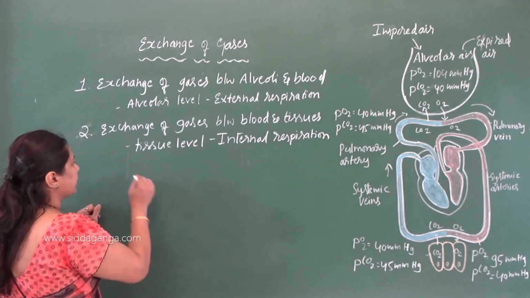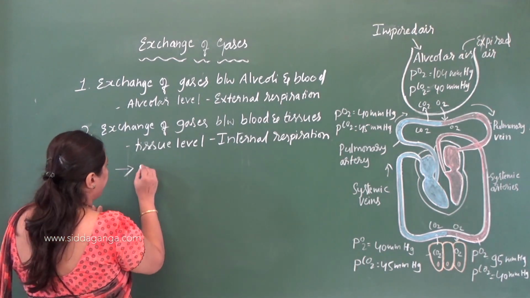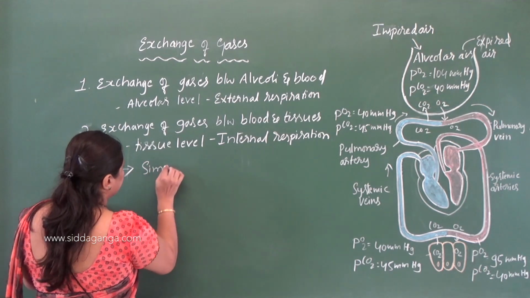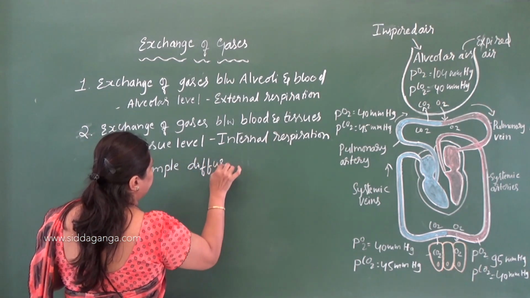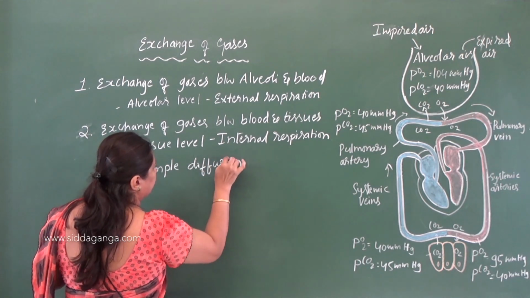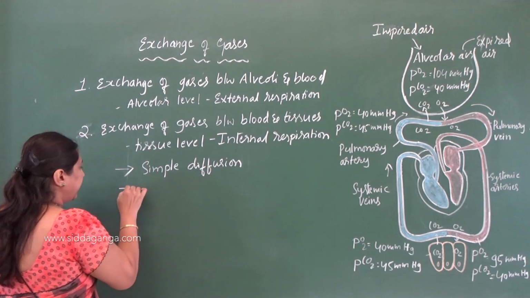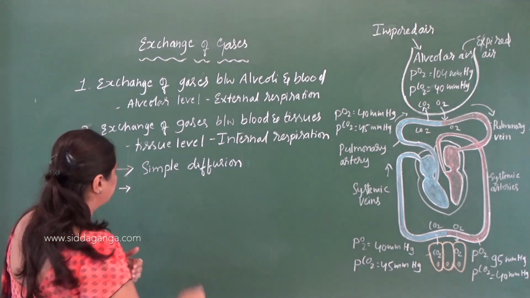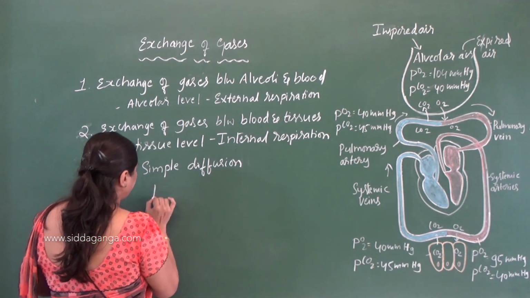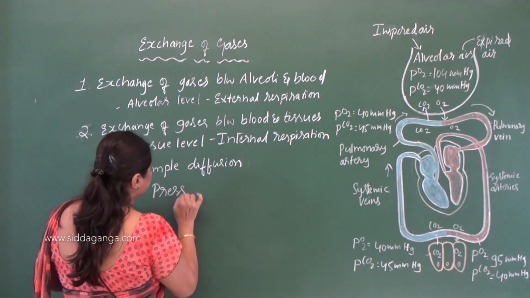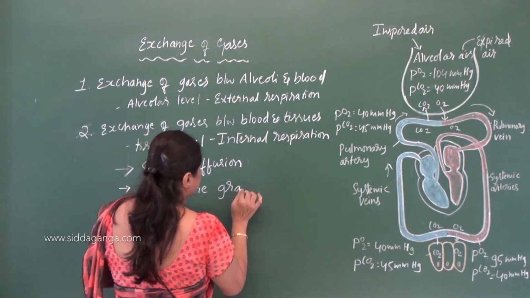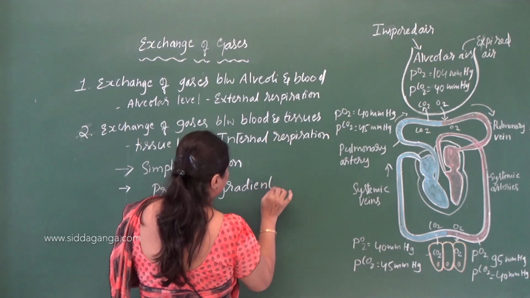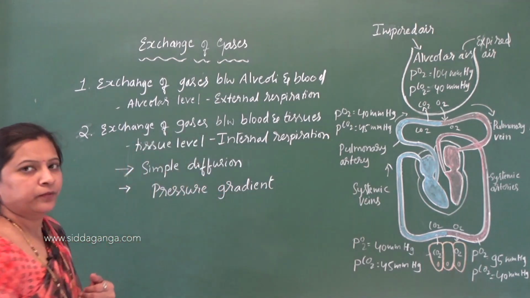The exchange of gases takes place by simple diffusion, and it is mainly dependent on pressure gradient.